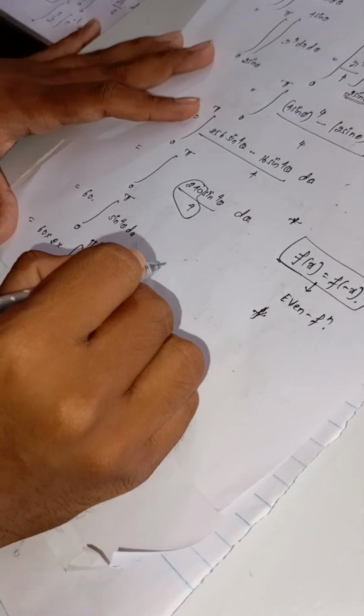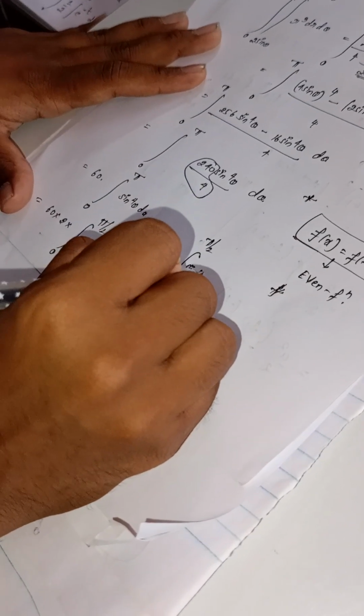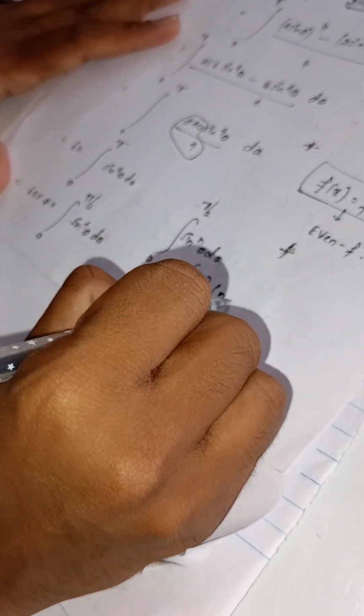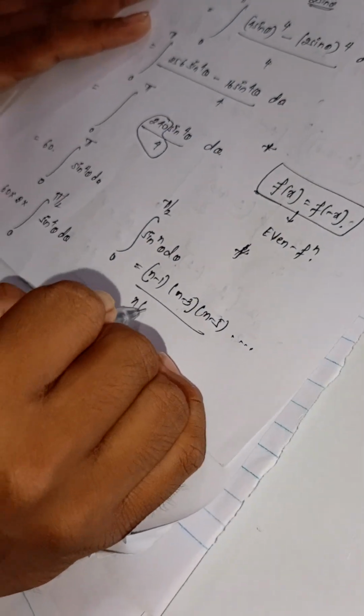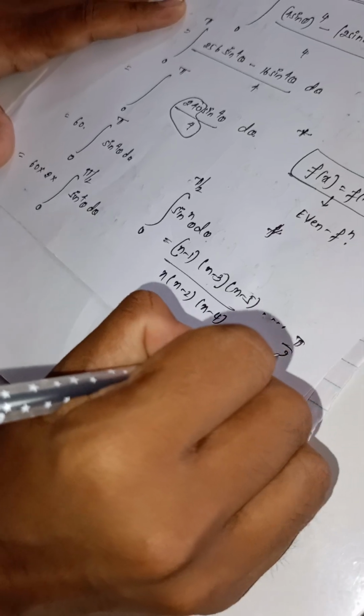We have a formula: the integral from 0 to pi by 2 of sine to the power of n theta d theta is equal to (n minus 1)(n minus 3)(n minus 5) and so on, by n(n minus 2)(n minus 4) and so on, into pi by 2.